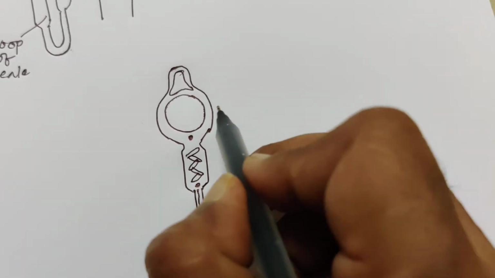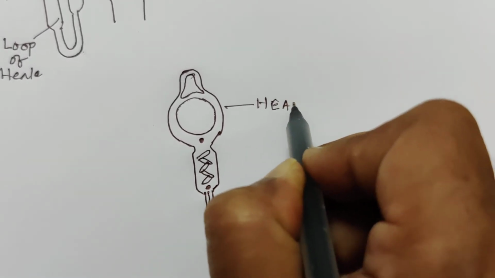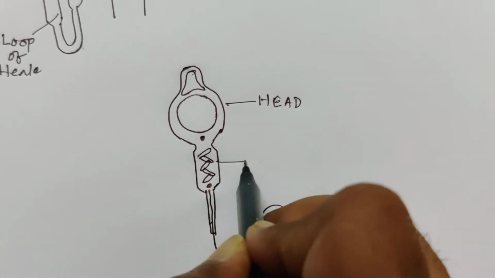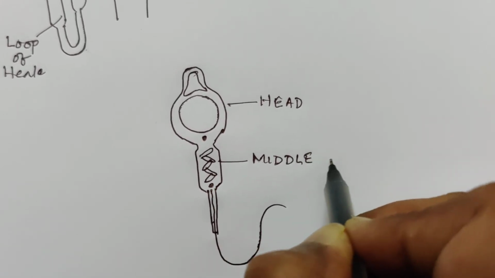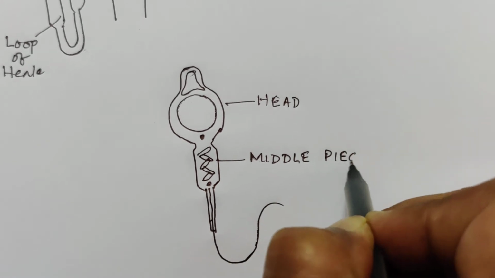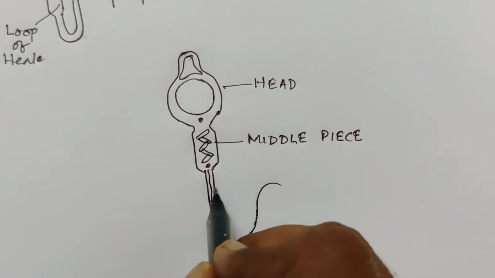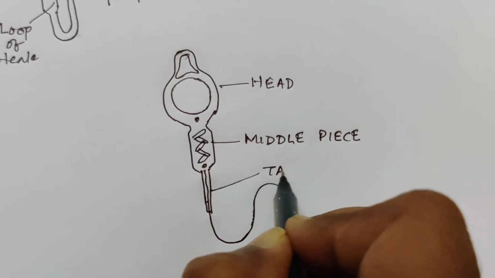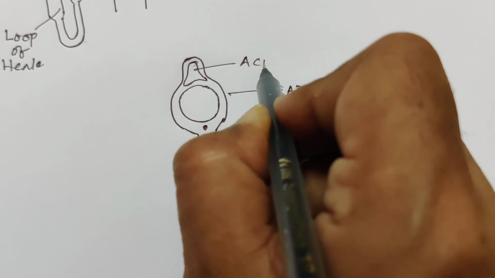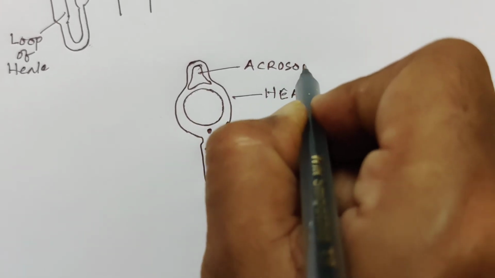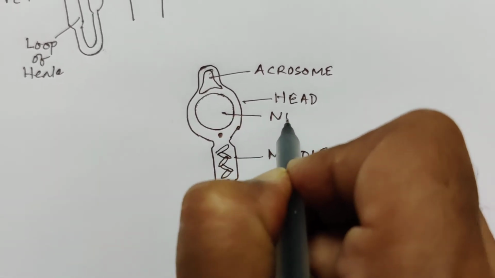So this is head. This is middle piece. This is tail. This is acrosome. This one is nucleus.